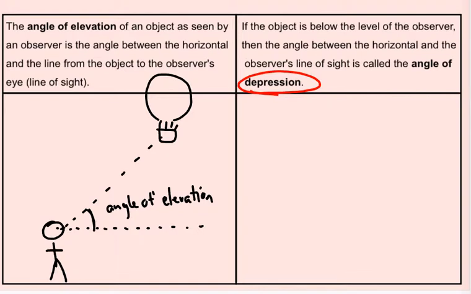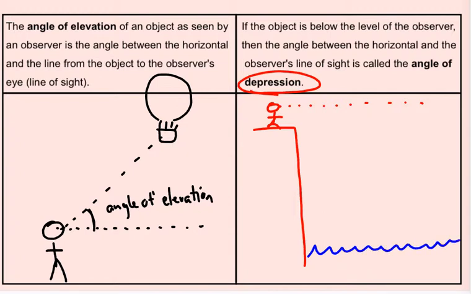So I like to think about it this way. Think about if you're standing on the edge of a cliff, you're looking straight out, but then down here in water, because this is the international symbol for water, you see a boat. So you looking down at the boat, this becomes your angle of depression.